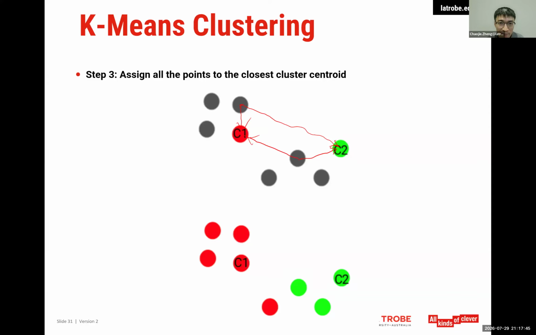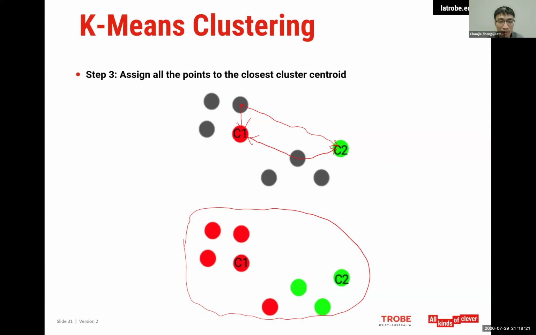After calculating this distance, we know which centroid is closer to each data point, right? So this data point is closer to the C1 centroid, so it should be assigned to the C1 cluster. We do this distance comparison for all the data points and assign each to its closest cluster centroid.